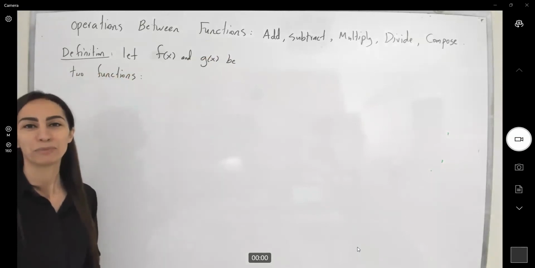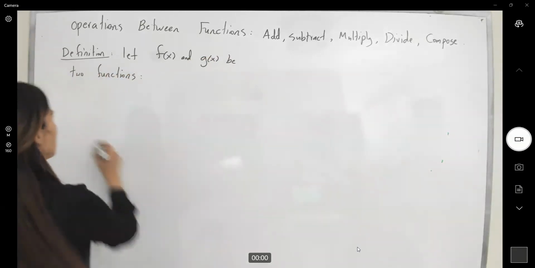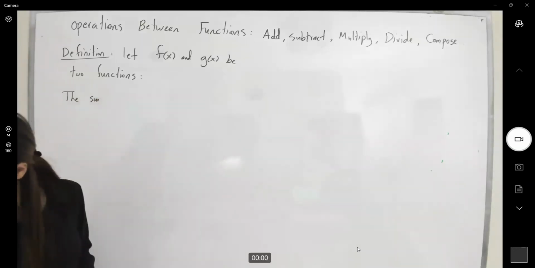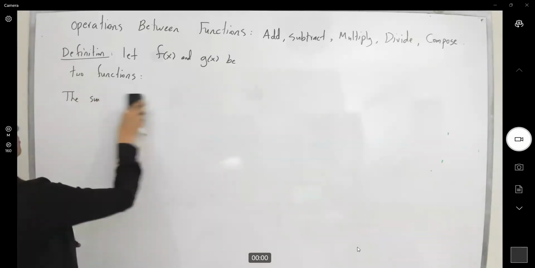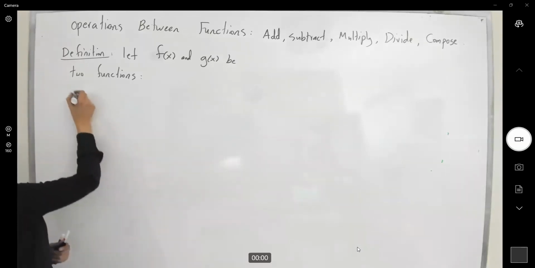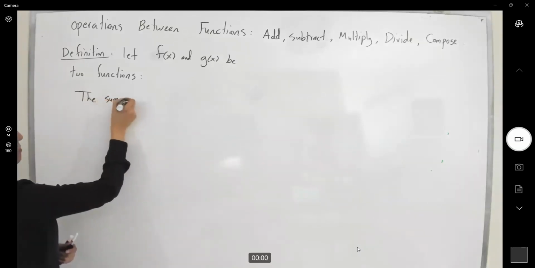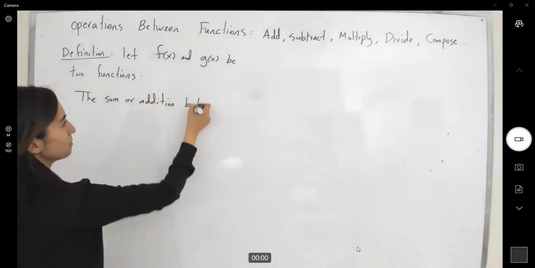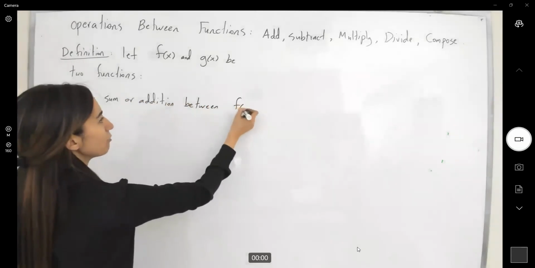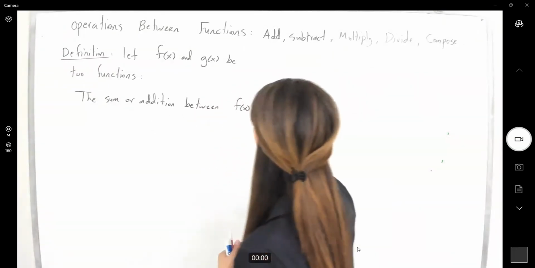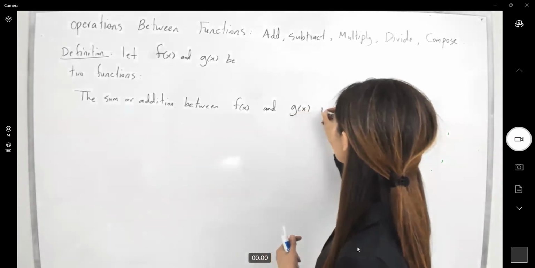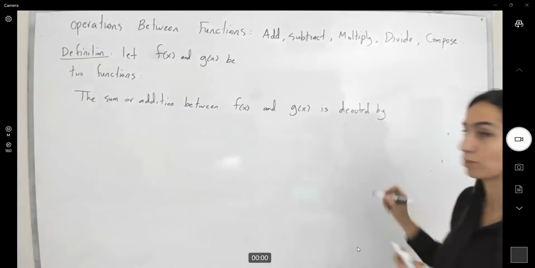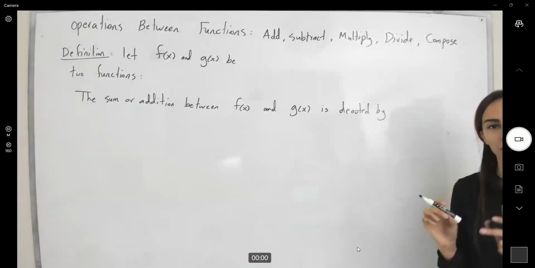The sum, or addition, between f of x and g of x is denoted by f plus g of x.